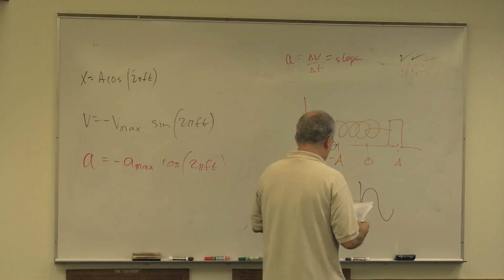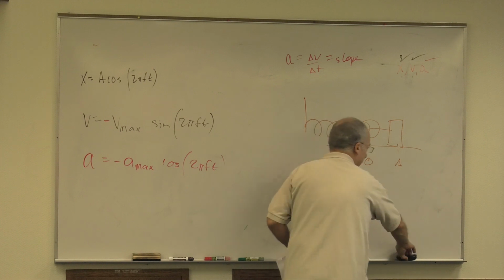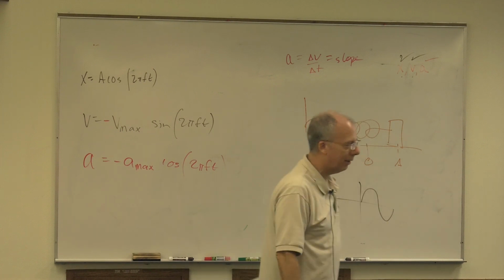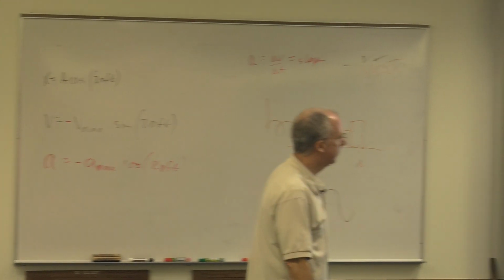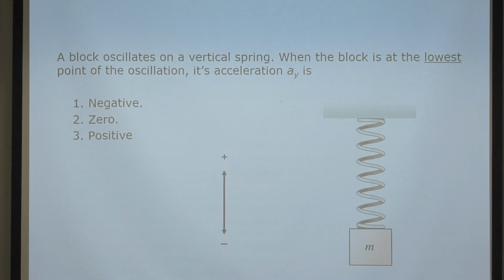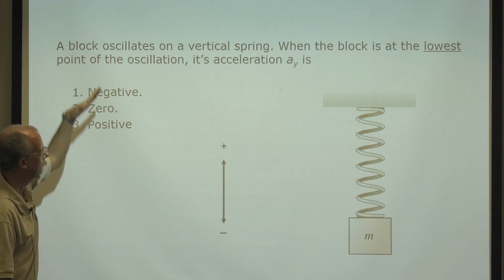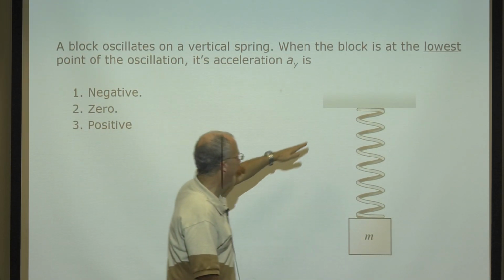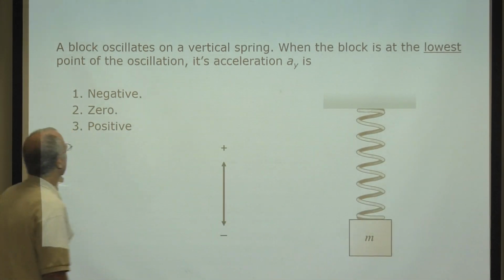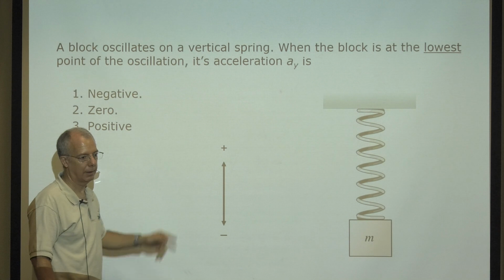All right, wonderful. Now, some questions for you. Let's see if you remember how to find the sign of acceleration. A block oscillates on a vertical spring. When the block is at the lowest point, what is the sign of the acceleration?